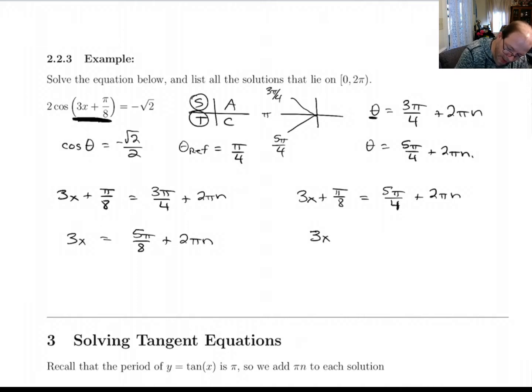And over here I get 3x is equal to, let's see, this is 5 pi over 4, so that's 10 pi over 8. When I take pi over 8 off of it, I've got 9 pi over 8 plus 2 pi n. And now, to solve for x, we just want to divide everything by 3.